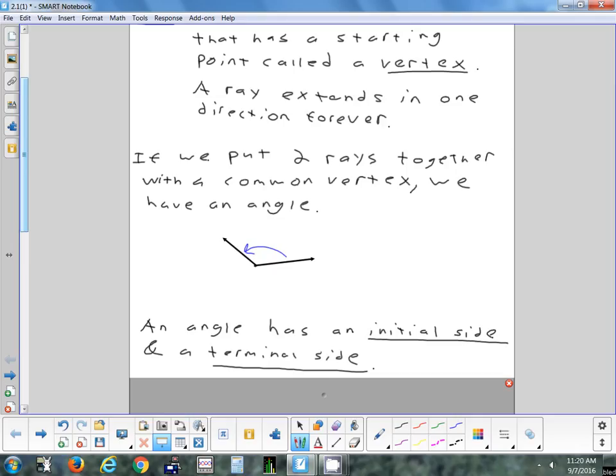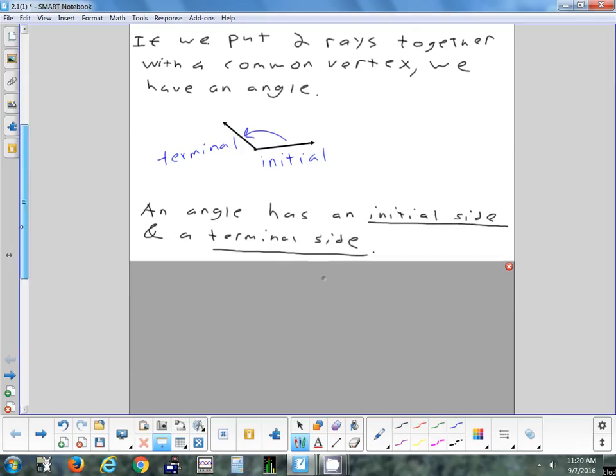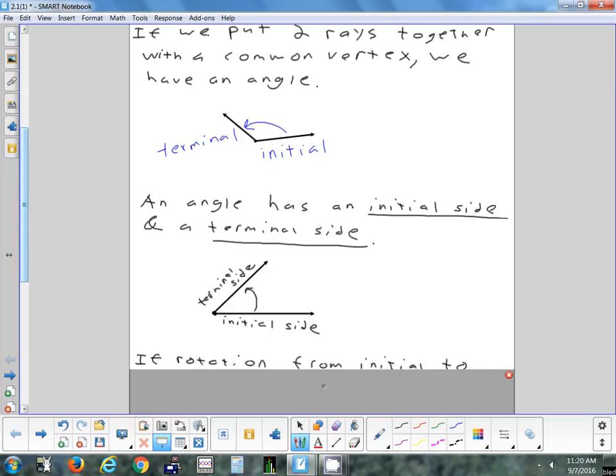The side that you start at, that's your initial side. The side that you end up at, that is your terminal side. So you always rotate inside the angle counterclockwise.